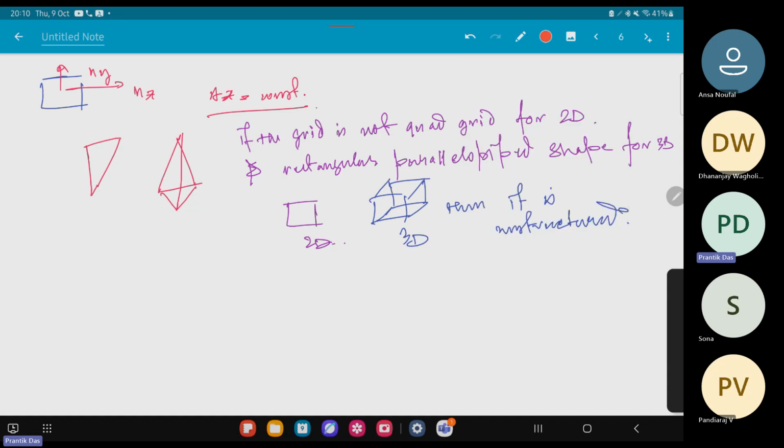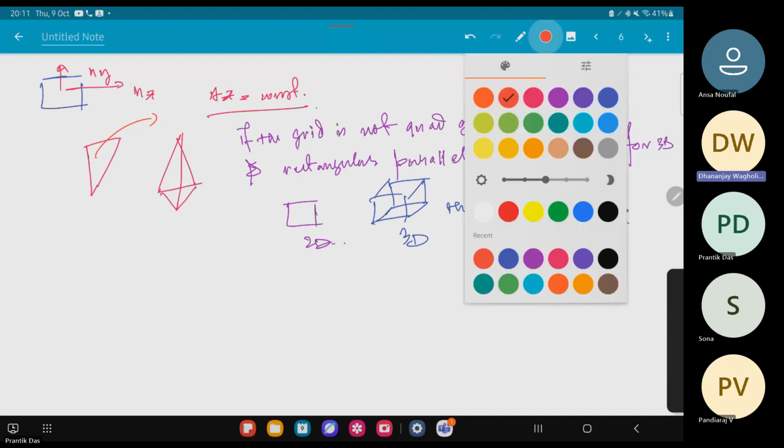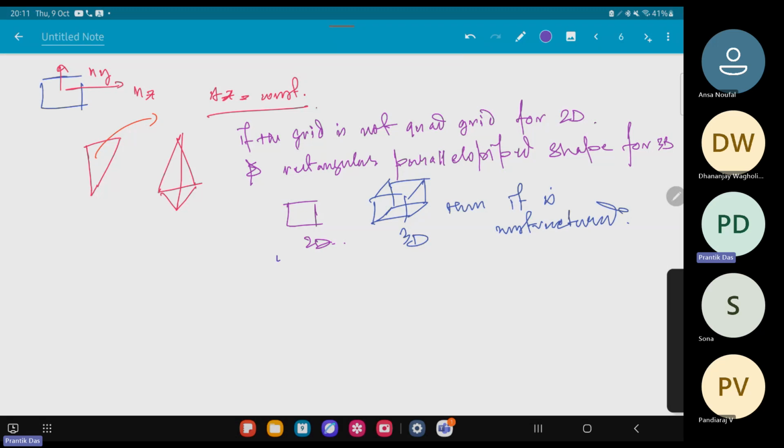So now we are going to discuss this 2D thing itself, how to deal with an unstructured grid. Sir, the one which you have shown in rectangular and cubical form, if this is structured, and if this is not the case, then it is unstructured. Is my understanding correct? No no, in 2D it should be a quad, a quadrilateral type. It should be like a box or a rectangle. And in the 3D case, it should be like a rectangular parallelepiped.